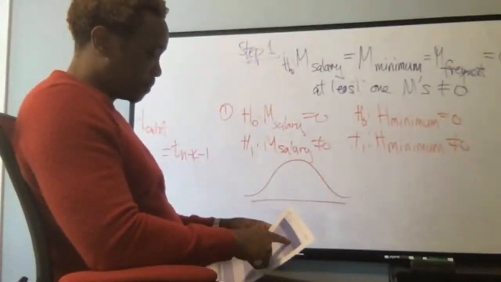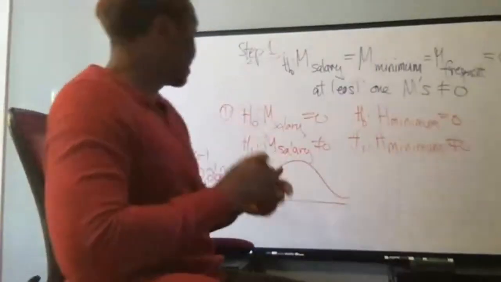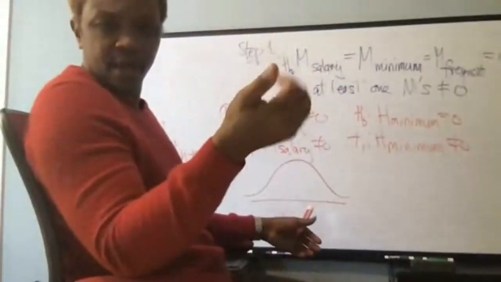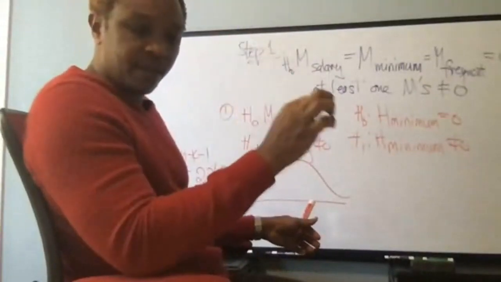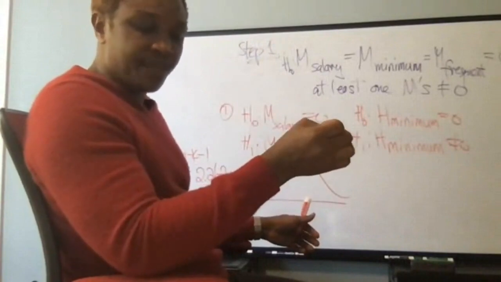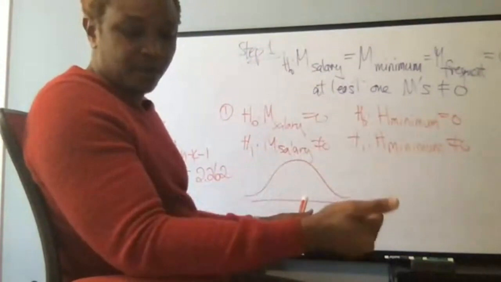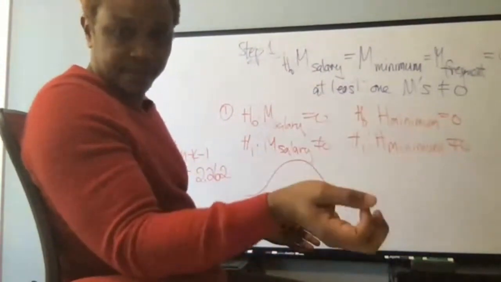It's 2.262. 2.262, very good. Did everybody hear that? You're going up to the alpha level, always two tail, and as opposed to two values for F, you're just going to go down N minus K minus 1.